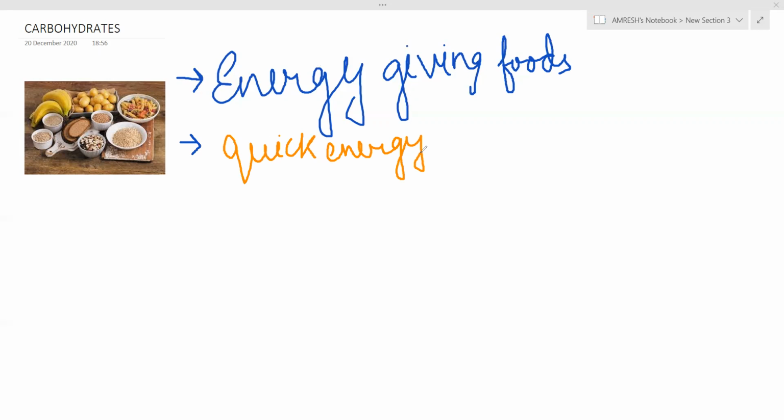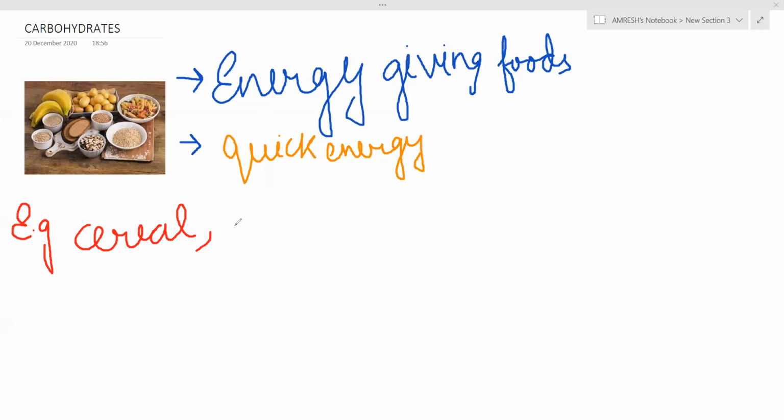Okay, so there are various examples of carbohydrate, but I will tell you the important ones only, and that one you note down, which you will definitely get in your examination. So examples include cereal, such as your rice, chapati, bread, dosa, idli.